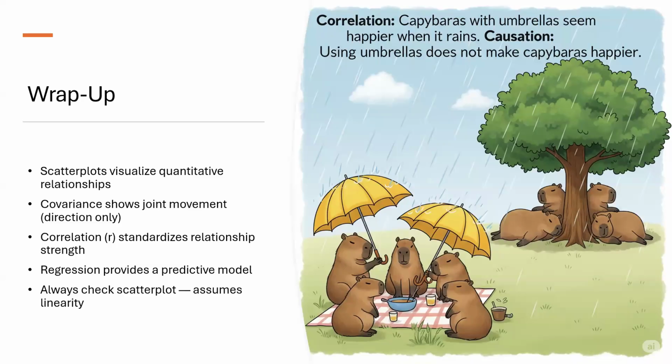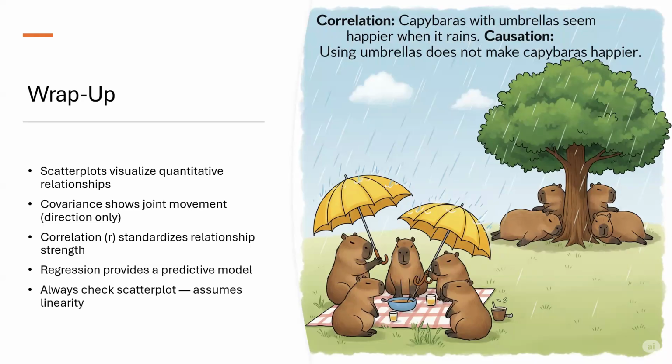So to summarize, scatter plots help us see relationships between two quantitative variables. Covariance describes how the variables change together, but its units are hard to interpret. Correlation, R, standardizes that measure, and tells us direction and strength. If the relationship is linear, we can model it with a regression line to make predictions.